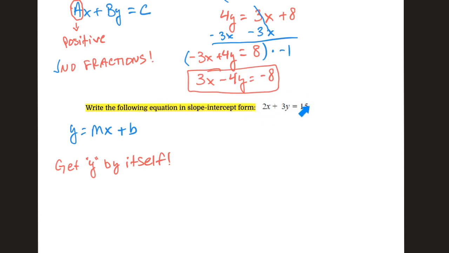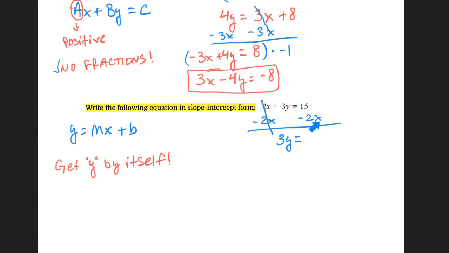Okay, so let's take a look at our equation. Right now, y is not by itself. So what I'm going to do first is take this 2x and put it over onto the other side. It's a positive 2x right now, so I need to subtract 2x on both sides. When I do that, the 2x and the negative 2x cancel out, just leaving me with 3y on the left-hand side of the equal sign. And this way we have 15 minus 2x.